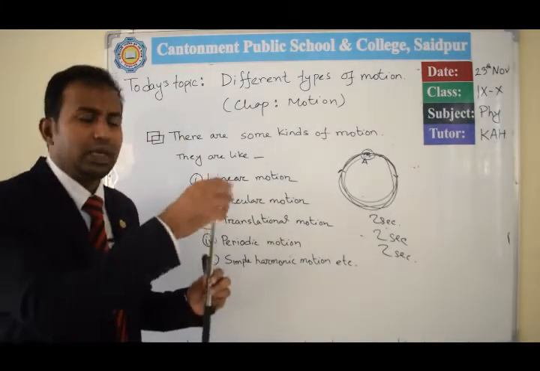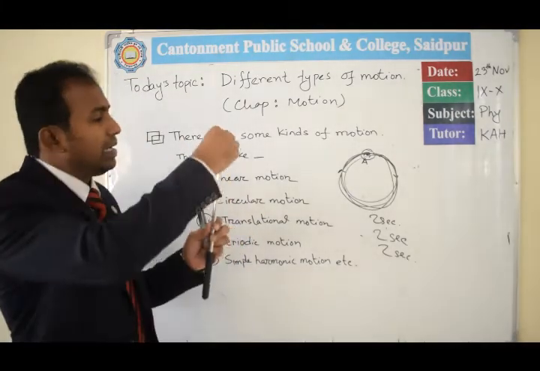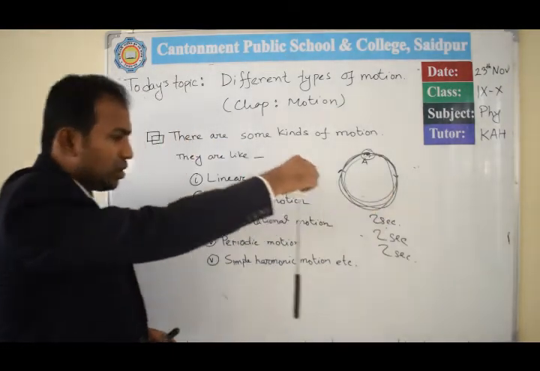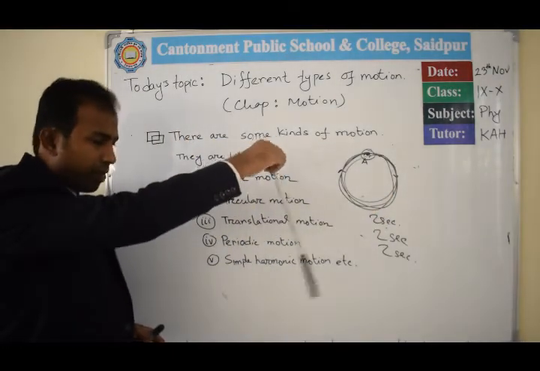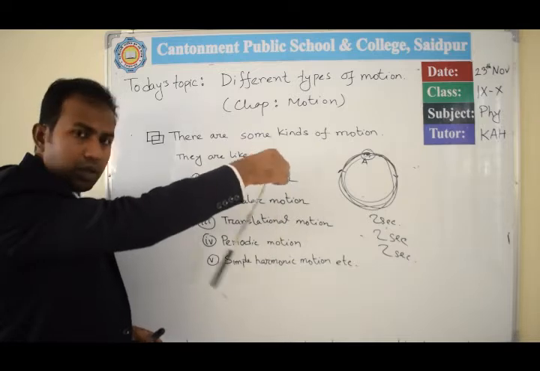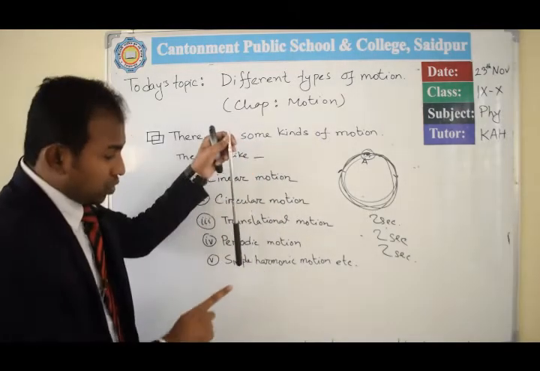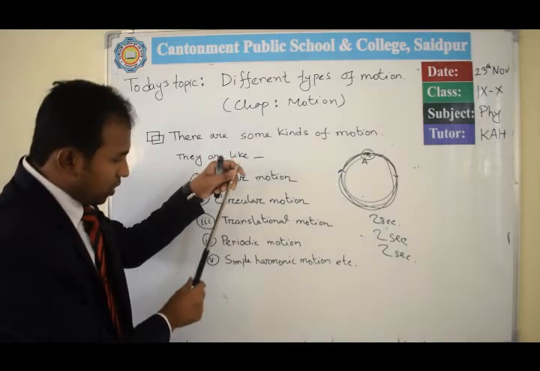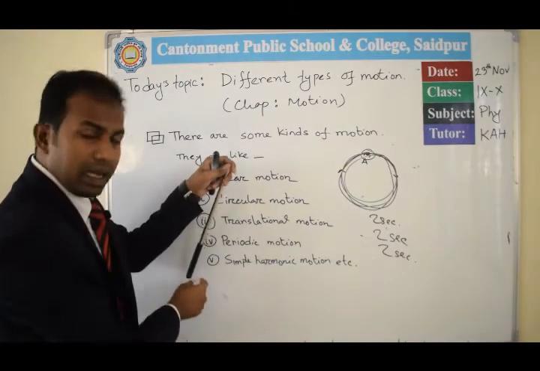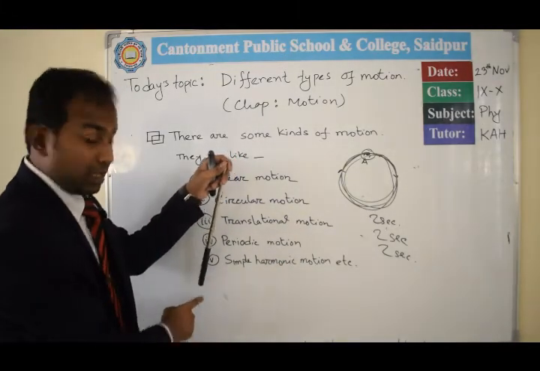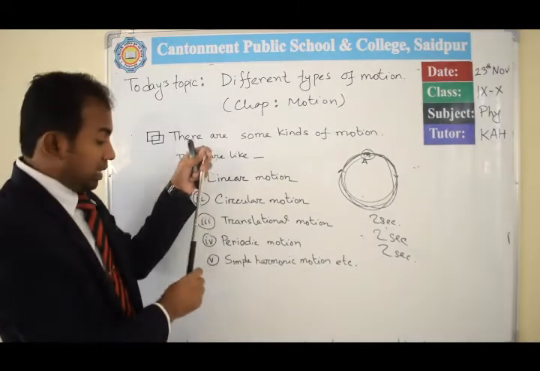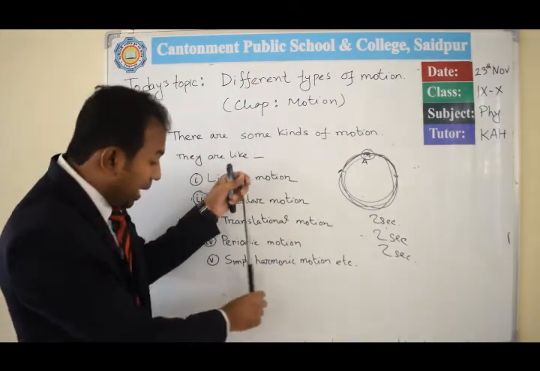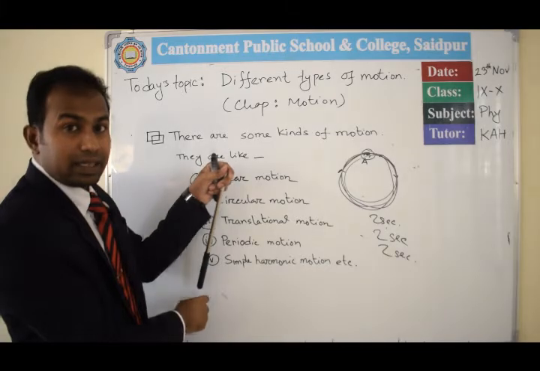If we assume this is a pendulum hanging with a clock, so what is happening? Just take a look. Whenever we think that this is the highest point and it's going back and coming again to the point, it means this pendulum is going in a certain direction. After a certain time it's coming back to the previous direction.